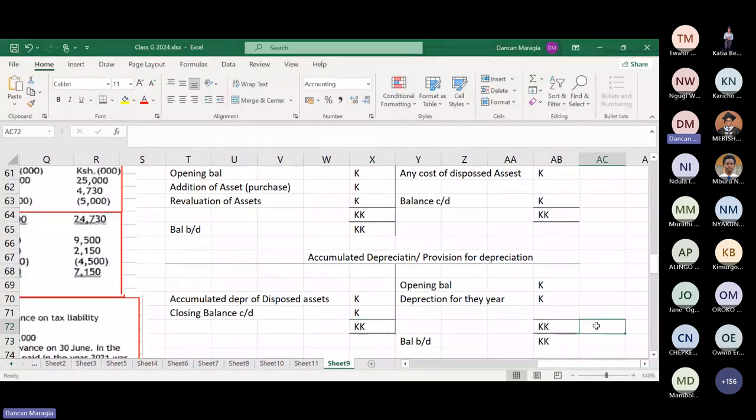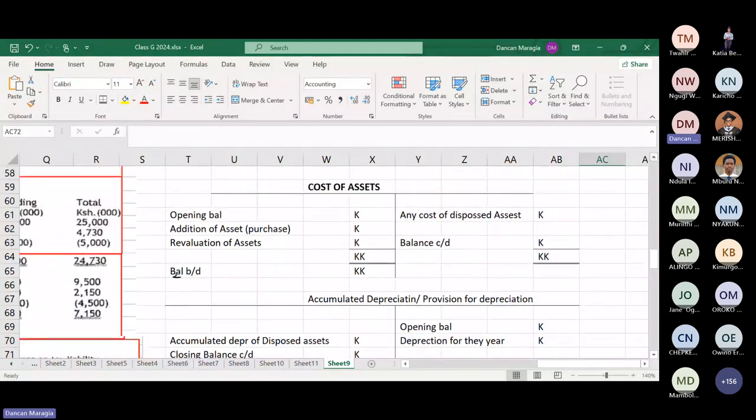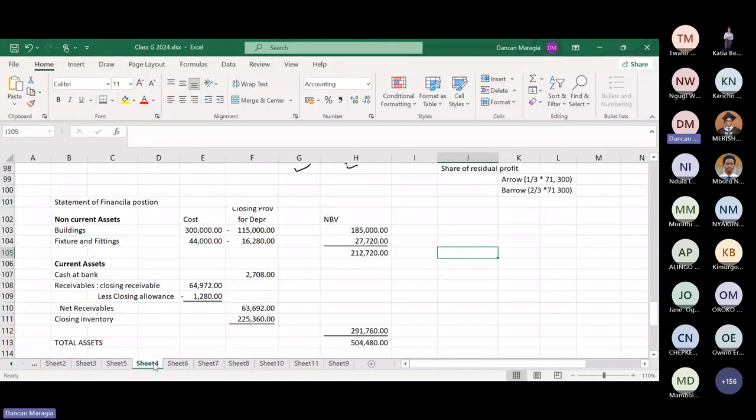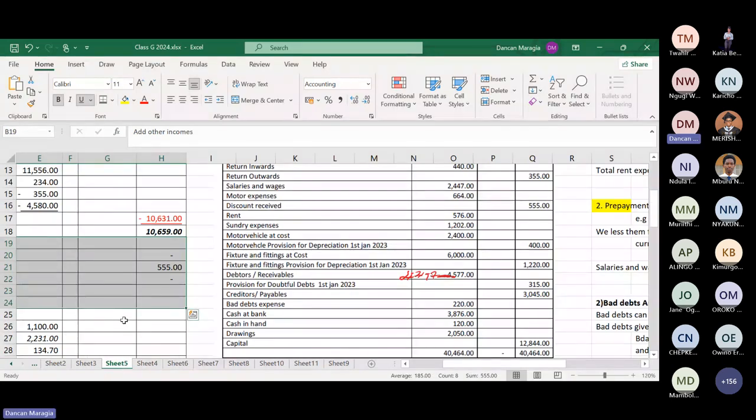So when you go to the trial balance, you'll see the asset cost account has a debit balance, while the accumulated or provision for depreciation will usually be a credit balance. For example, motor vehicle at cost is a debit, but motor vehicle provision is a credit. Those are the closing balances that go to the trial balance.